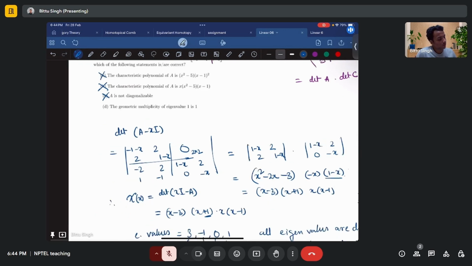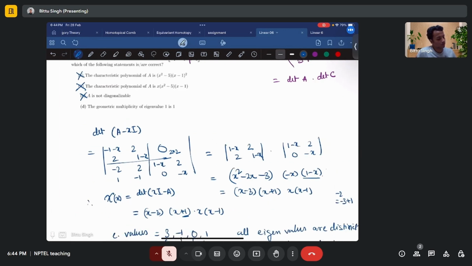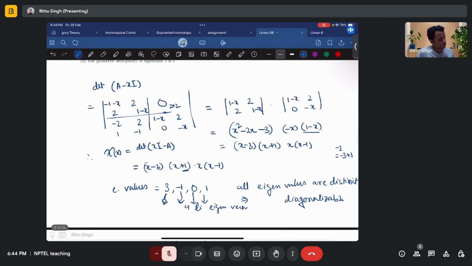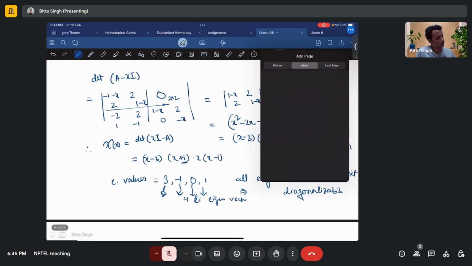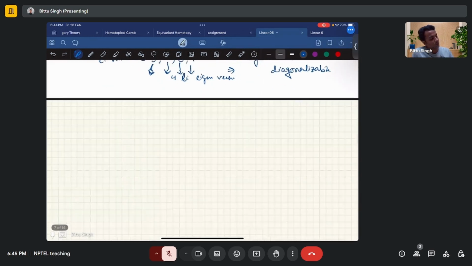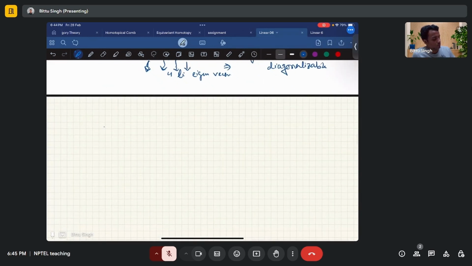Now, what is the geometric multiplicity of 1? Clearly all eigenvalues are distinct, so the geometric multiplicity cannot be more than 1. Before that, let us see what geometric multiplicity is.